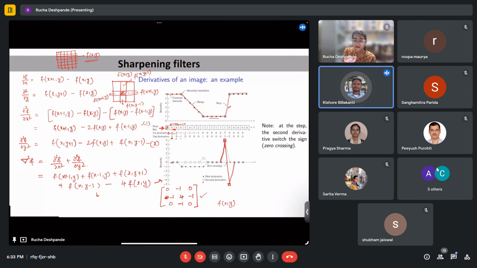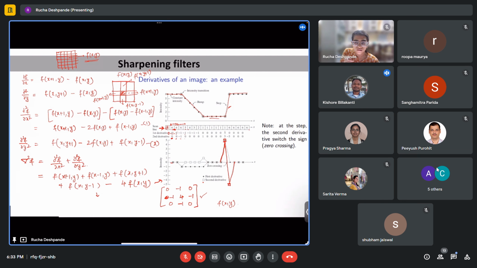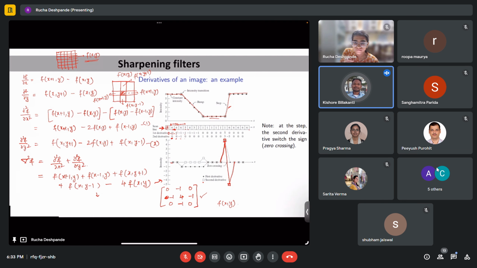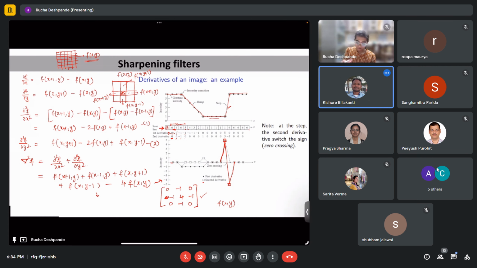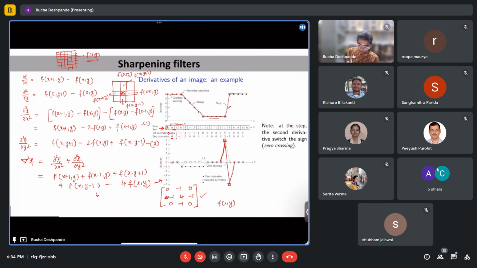We need to keep this matrix filter for the Laplacian in mind, 0 minus 1 0, minus 1 4 minus 1, 0 minus 1 0, for the problems to apply. We need to learn this by heart. How this filter came about is clear, right?